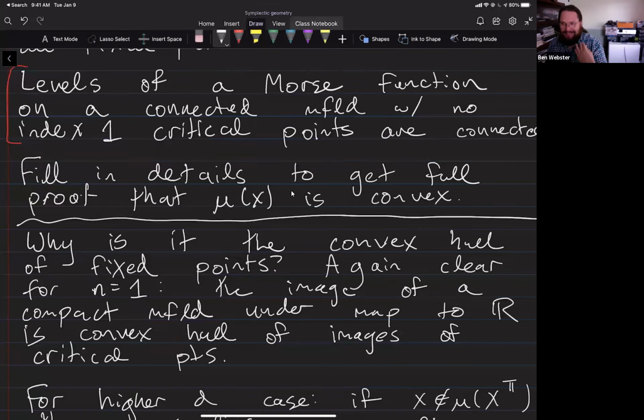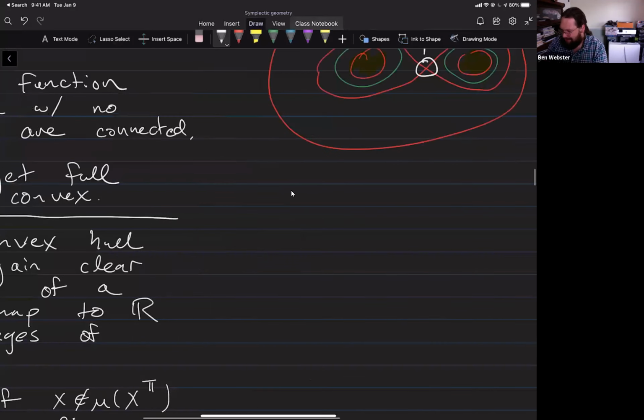Because it's compact, it achieves a maximum and a minimum, and we know that those are going to be critical points of the function. So if the function is the moment map for an S1 action, those are going to be fixed points. There might be ones showing up somewhere in the middle, but definitely the outer edges are going to be fixed points. And I'll just note here, what does convex hull mean in R?